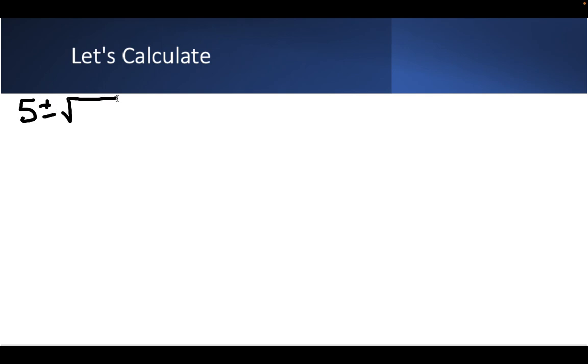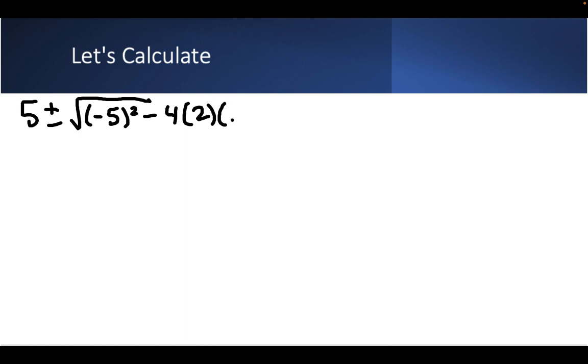This one is the longest step in the entire problem. So we got 5 plus or minus the square root of negative 5 squared minus 4 times 2 times 3.